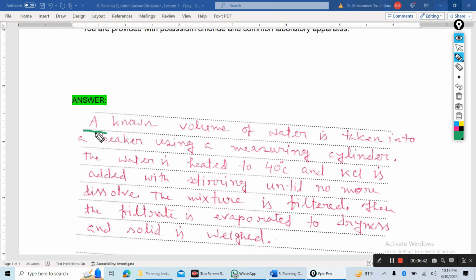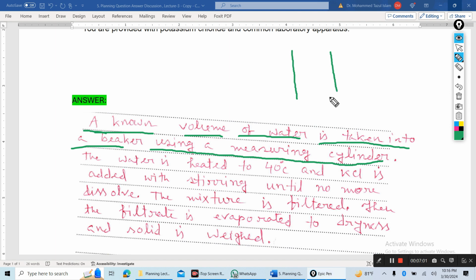Listen, at first a known volume of water is taken into a beaker using a measuring cylinder, or you can write in your own language: using a measuring cylinder, 100 centimeter cube of water is taken into a beaker.